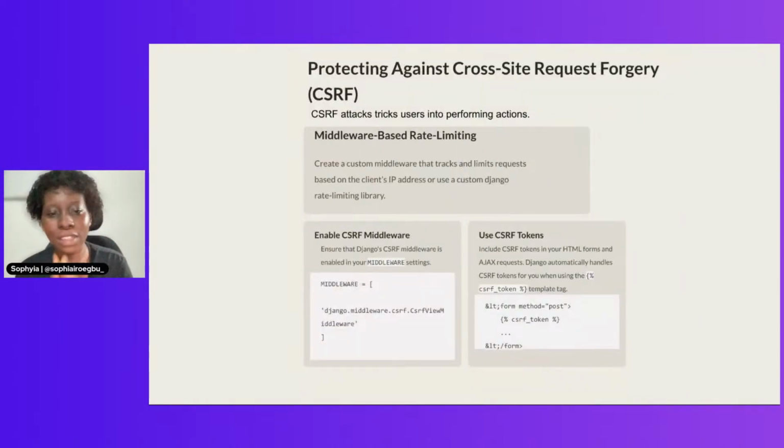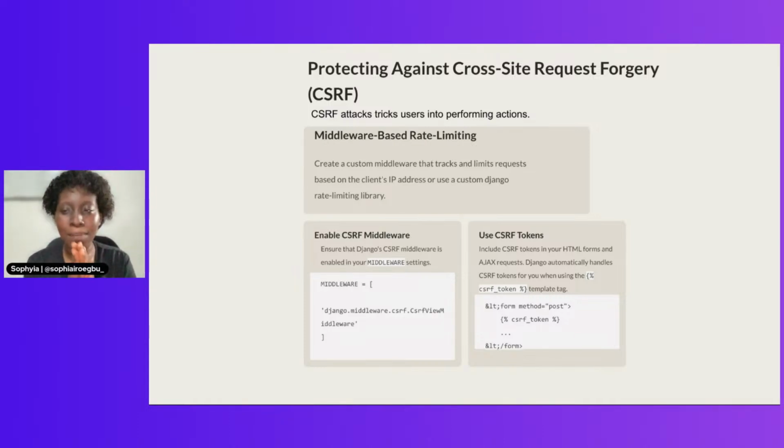Next up, let's look at how to protect against cross-site request forgery attacks. So this type of attack will trick your users into performing an action without your user knowing that they're actually doing that. So the first tip that I will give you to protect against such attacks is using rate limits, which is creating a custom middleware that limits the request based on your client's IP address.